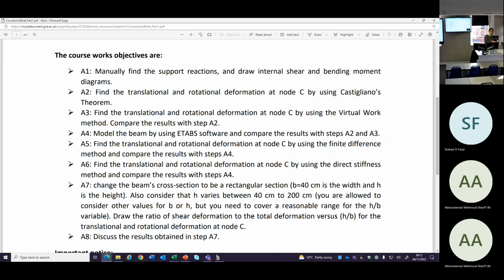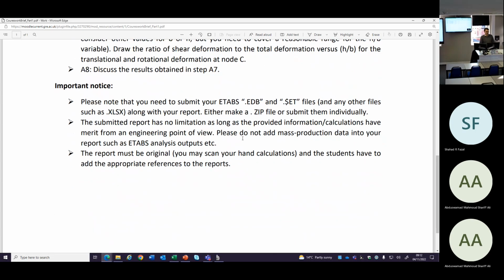That's your report. Obviously A1 should be handwritten: write it and scan it. Can we type it in? Yes, you can type, but it's a hassle because you need to draw the shear and bending moment diagrams. But if you do that, that's beautiful. You can do whatever you want.